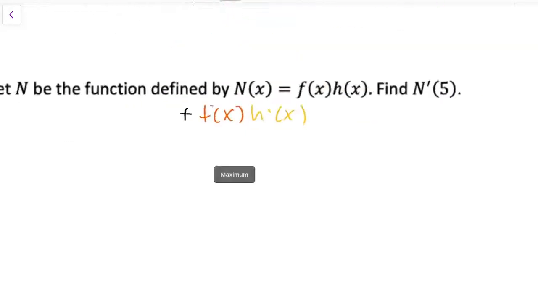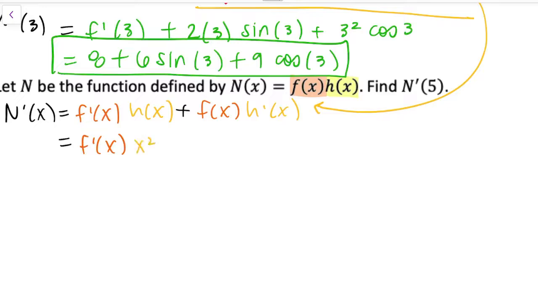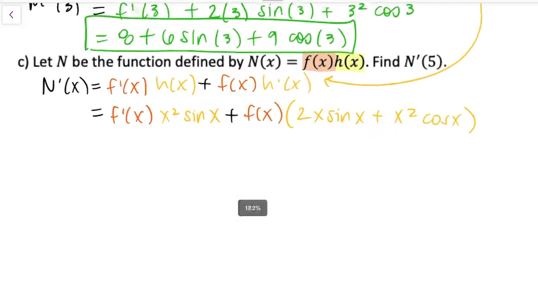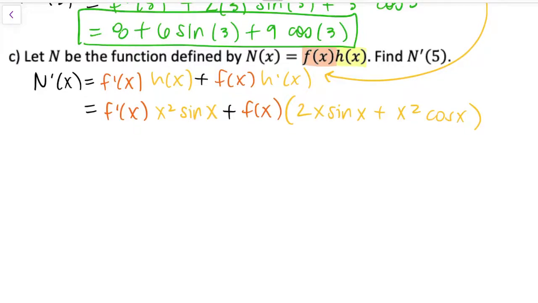It's x squared sine x plus f of x, which again was given by the table up above, so we have no equation we can plug in for it, times h prime of x, 2x sine x plus x squared cosine x. How fun. Cool. And again, that would be a point on the AP exam.